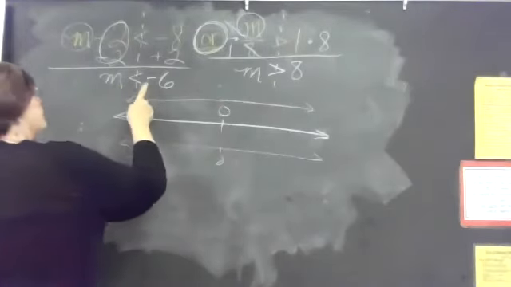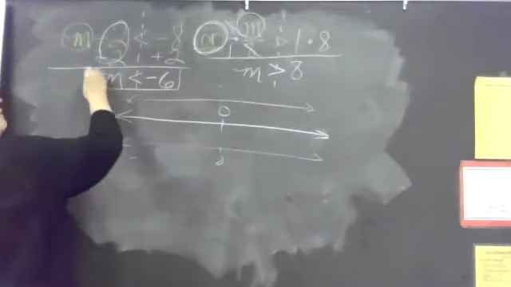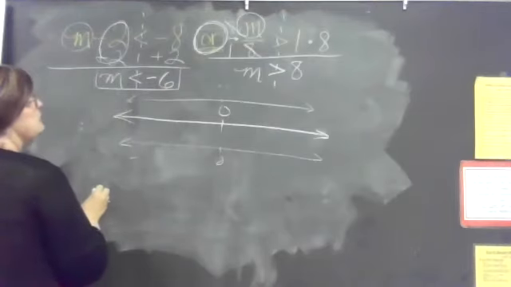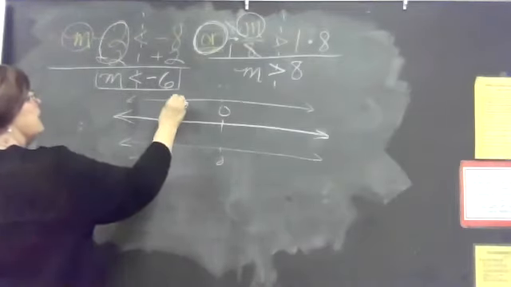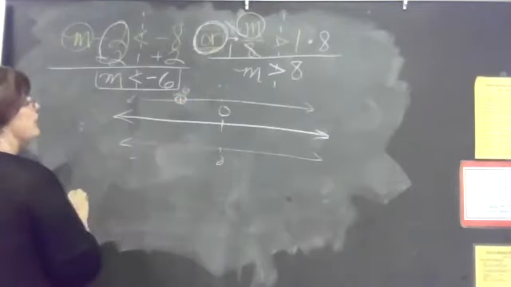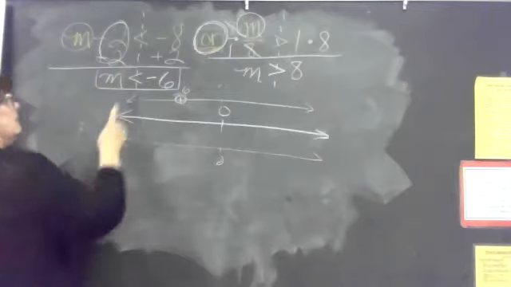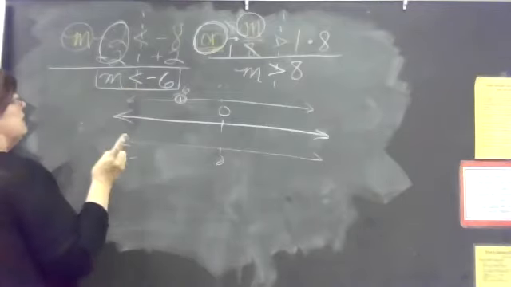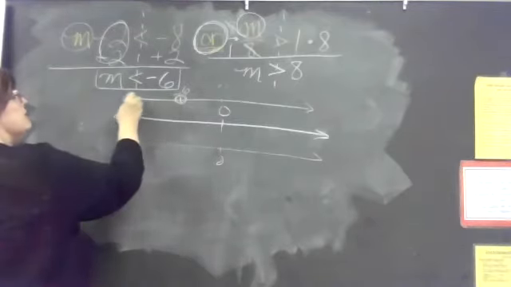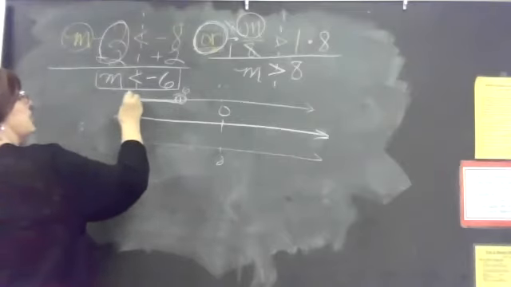Okay, let's look for the important number here. We're going to graph -6, it's about right here. It's important. Do I color it in or not? No, that is correct. And then I'm going to shade to the left. This is what this one would look like.